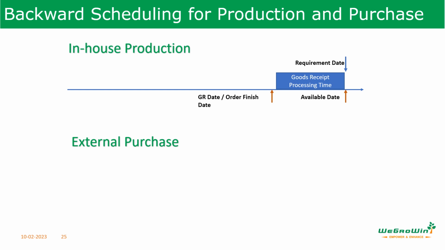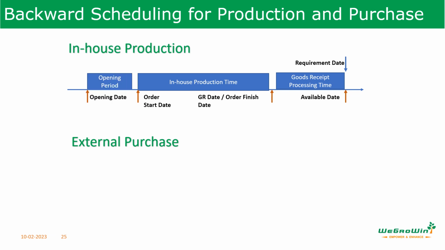Then based on this goods receipt date and the lead time, we have to start the production, that is the order start date. And then this order has to be processed. Processing means preparation and administration. There is an opening period, there is an opening date. That is how scheduling will be there for any production orders, other planned orders, right? So there will be opening date, order start date, order finish date, available date, requirement date for in-house production.